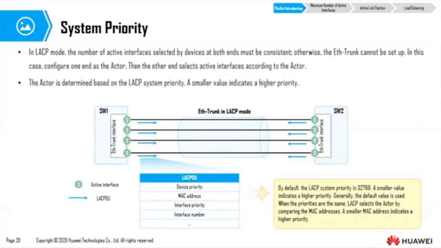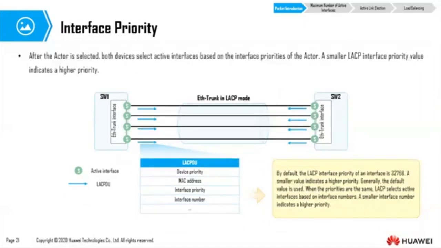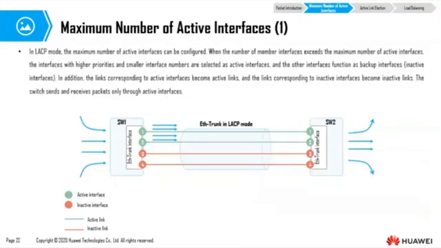The MAC address of the device, right? Yeah, very right, Gadoni. Okay, interface priority, if they are the same, the default 32,768, we look at the interface what? The interface number, very well. In switches, most of the time, the smallest number is the preferred number.